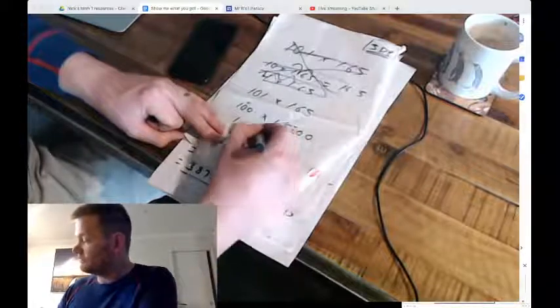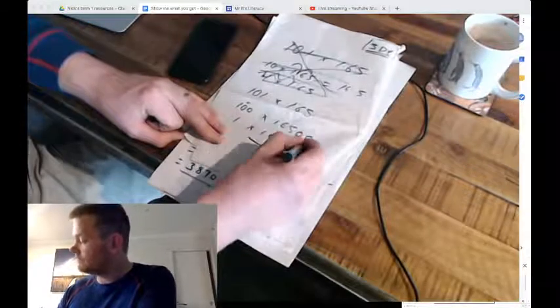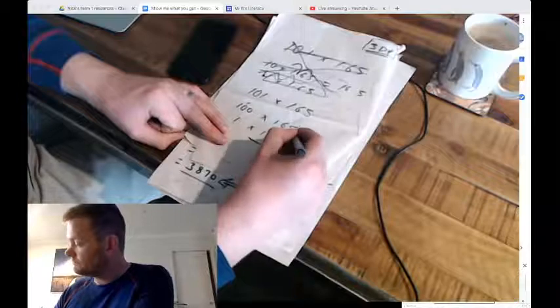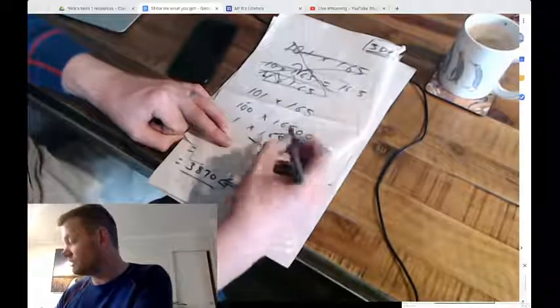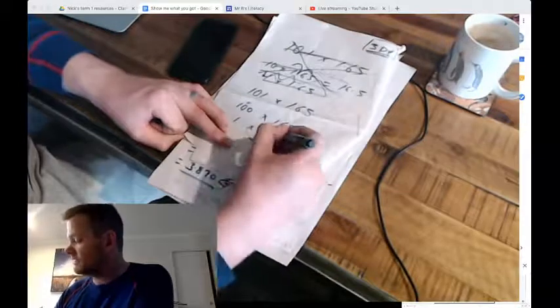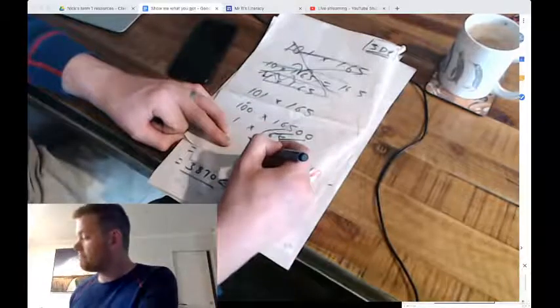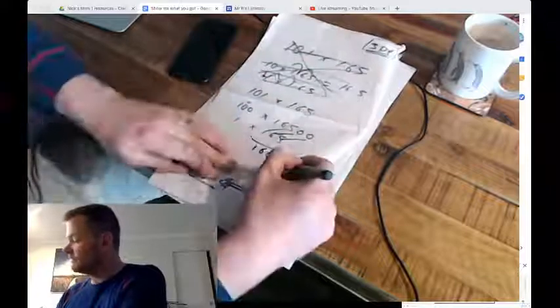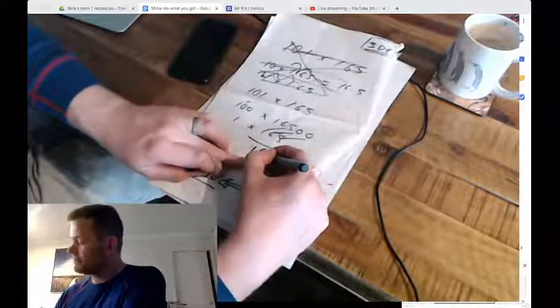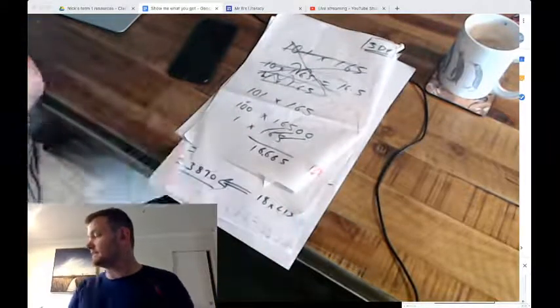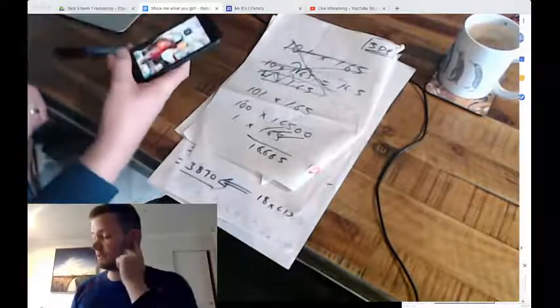I should have them underneath each other. 5, 6, 6, and then 6 and 1. And then I just put my 3dp in. 1, 2, 3. 16.665. Let's see whether I'm right.